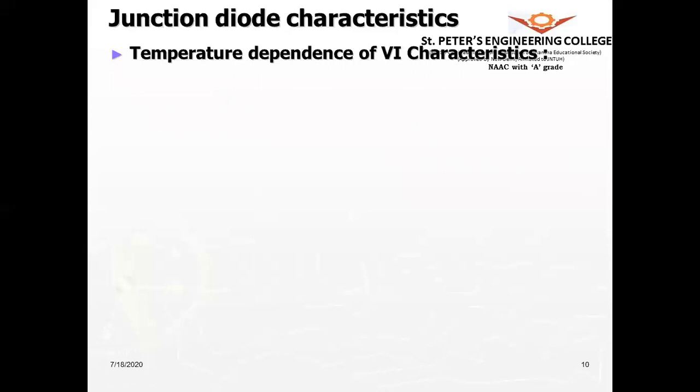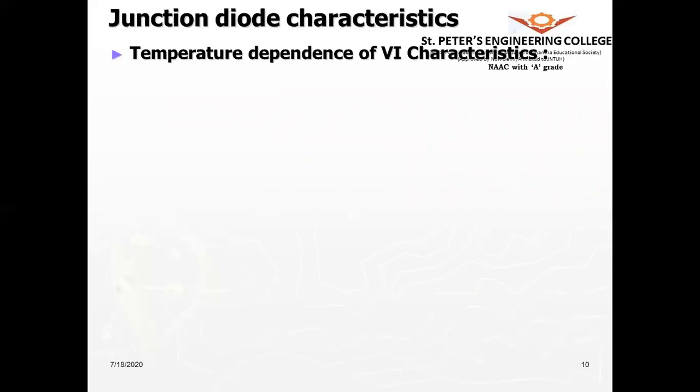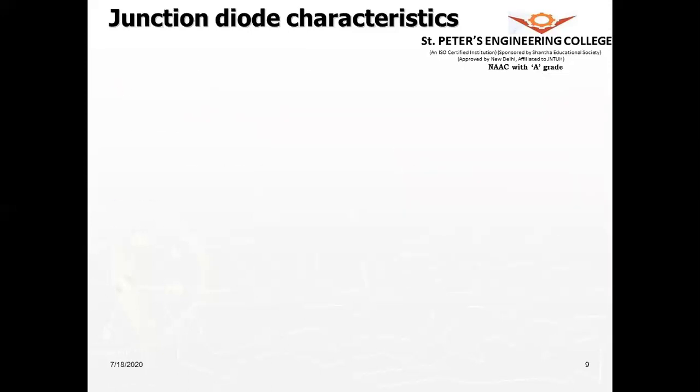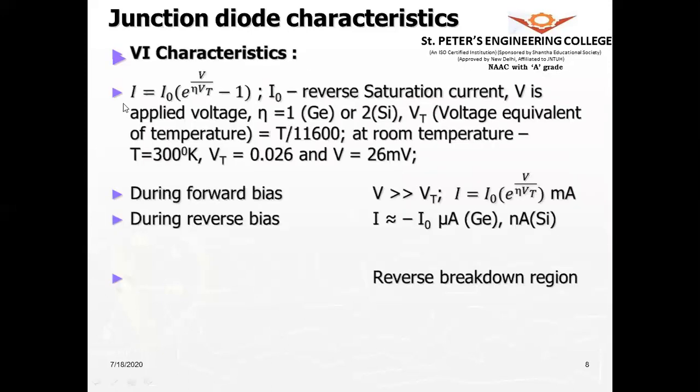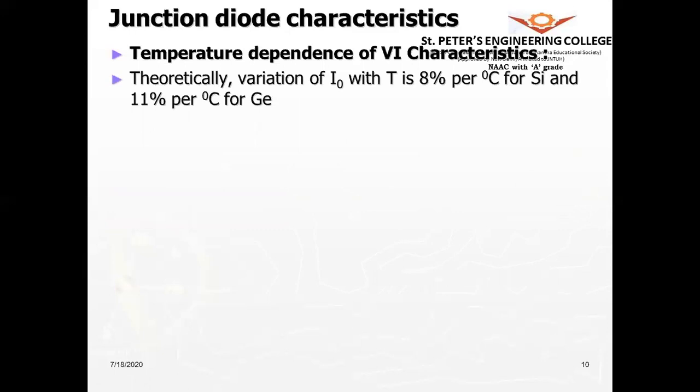So the VI characteristics depend upon the temperature because of the reverse saturation current I naught. In the VI characteristics we have seen that the current flowing, whether in the forward bias region or in the reverse bias region, depends upon I naught, the reverse saturation current, and the reverse saturation current is dependent upon the temperature.